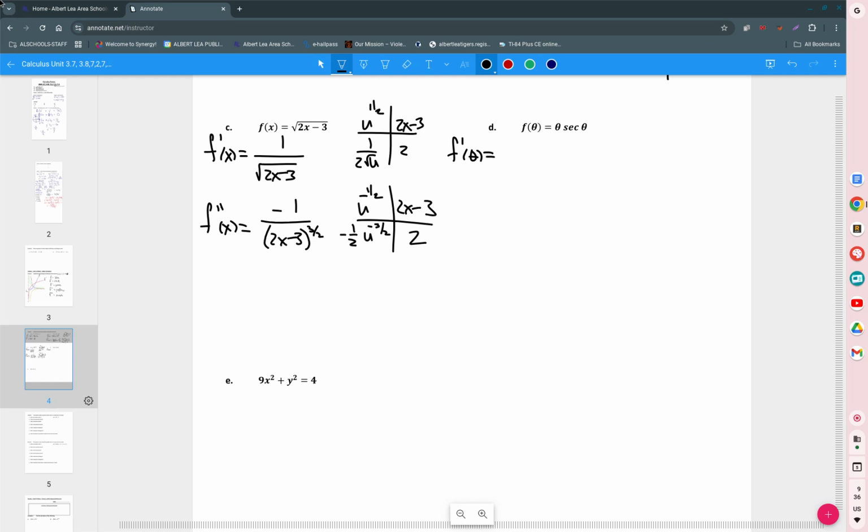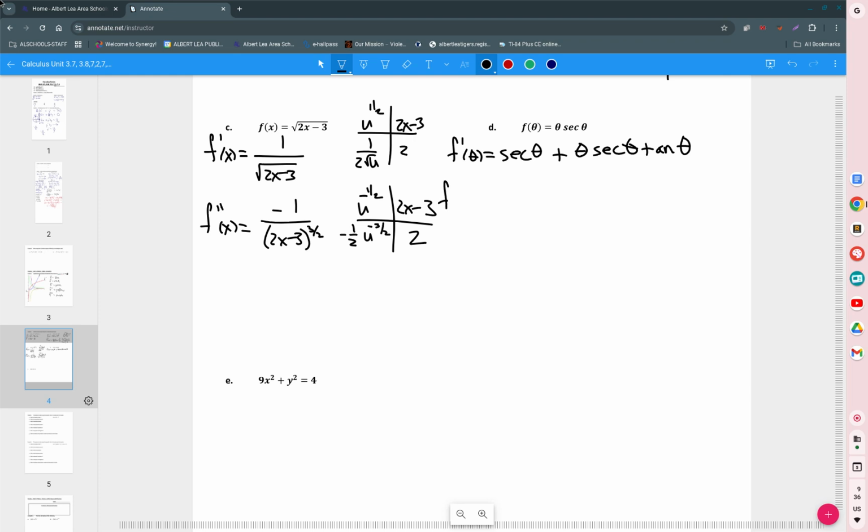Go ahead. What rule do I use here? Product rule. The derivative of theta is 1 times secant plus theta times, what's the derivative of secant? Secant of theta, tangent of theta. That wasn't bad.